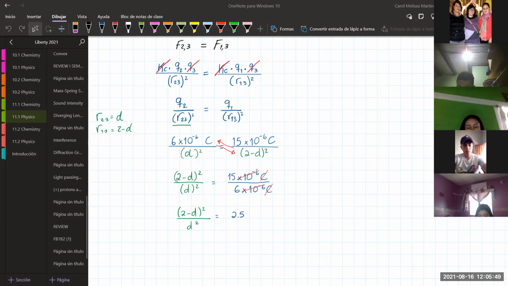Okay, so take a look. Because here I have my variable raised to the second power, I need to get rid of it. To do so, I need to get the square root, but because it is an equation, I will do it on the two sides.